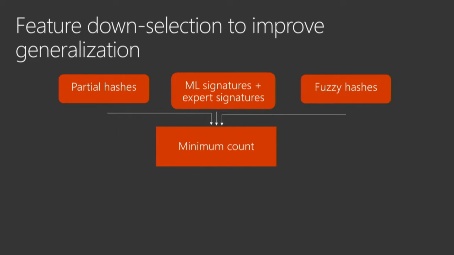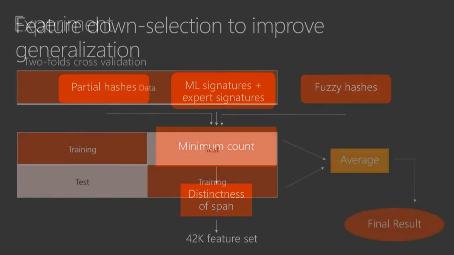To filter those, we had some requirements, like the minimum number of files that a feature spans, and the distinctness of that span, so we don't want the same features to span the same files over and over again. We ended up with around 42K feature sets.